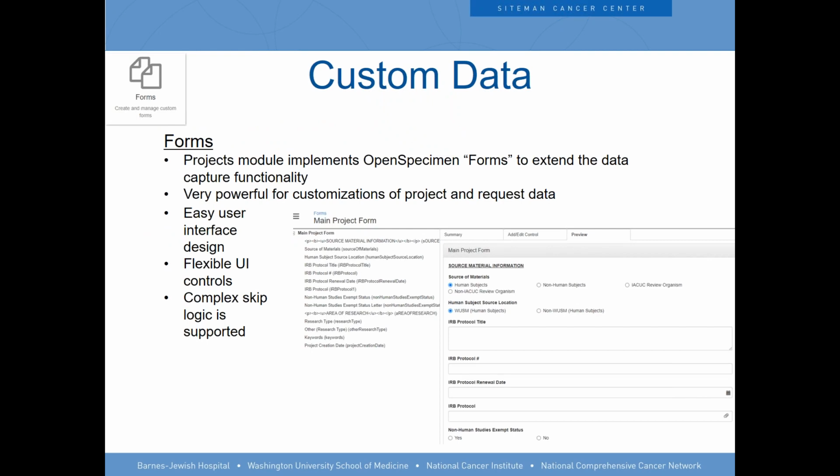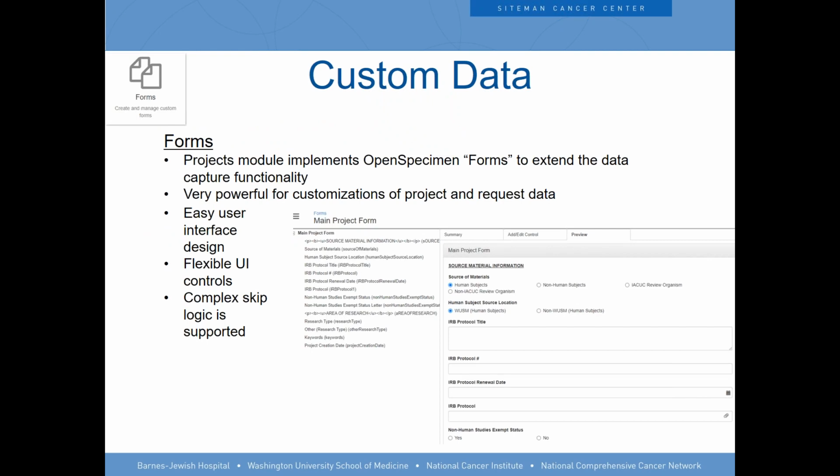And honestly, this is the coolest thing and the most powerful part of it, in my opinion. So if anybody has used forms in OpenSpecimen, you know that forms are pretty flexible. It's just like other tools like REDCap or whatever. You're building a form, you could go in and create your user interface controls and add whatever types of data you want to record.